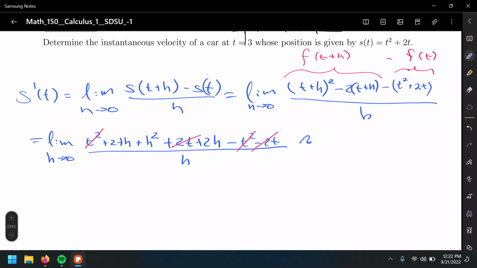Alright, so let's write down what we were left with. We will be left with limit as h approaches 0 of 2th plus h squared plus 2h over h. And well, thinking of this algebraically, did you see the GCF in the numerator?